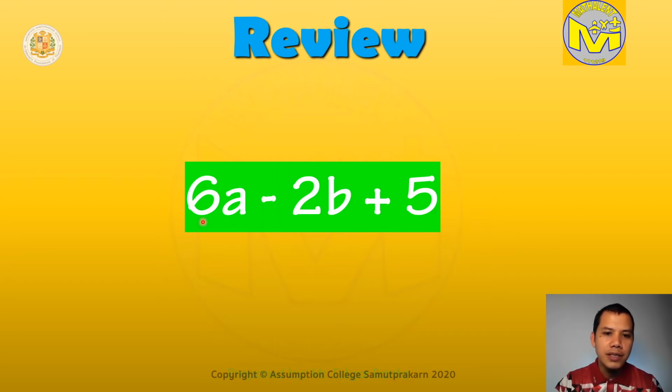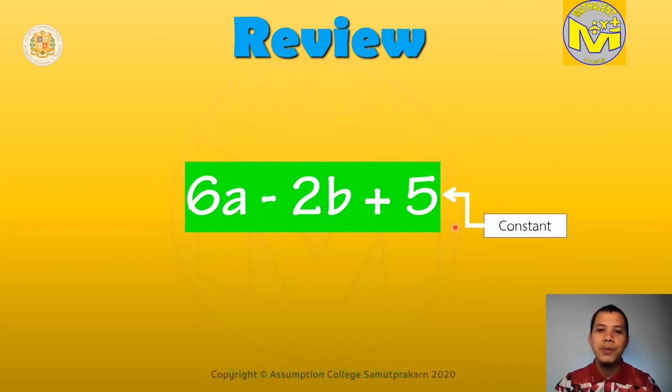Next, what is 6? What is A? What is minus 2? What is B? And what is plus 5? First, what is 5 or plus 5? Remember, that is called a constant. The plus 5 is a constant. What are these two, A and B?